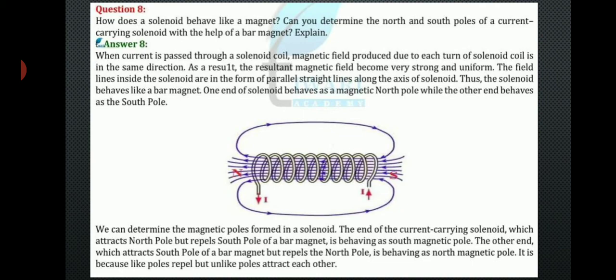So when we bring the north pole of a bar magnet to one end of the solenoid, if it attracts then it is a south pole, and if it repels then it is a north pole. Similarly, the other end which attracts the south pole of the bar magnet but repels the north pole is behaving like a north magnetic pole, because like poles repel but unlike poles attract each other.